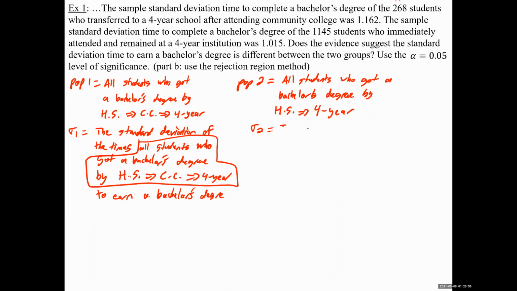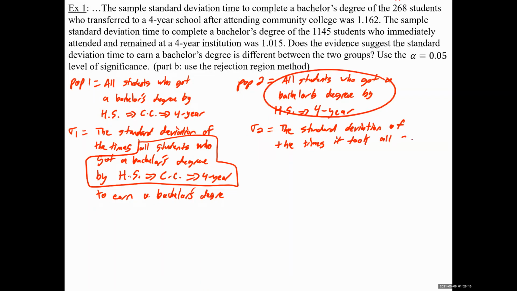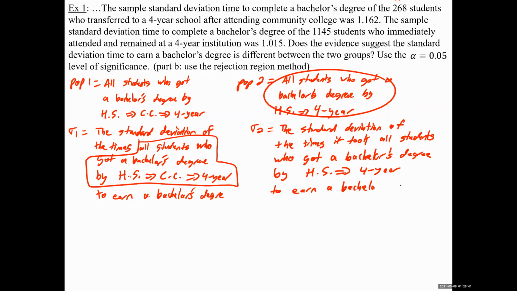So this is the standard deviation of the times it took, I'm going to write, these people, all students who got a bachelor's degree by going along this educational route, basically from high school straight to a 4-year, to earn a bachelor's degree.